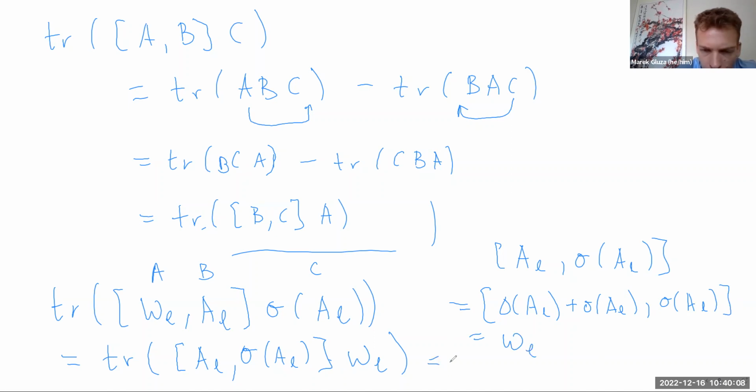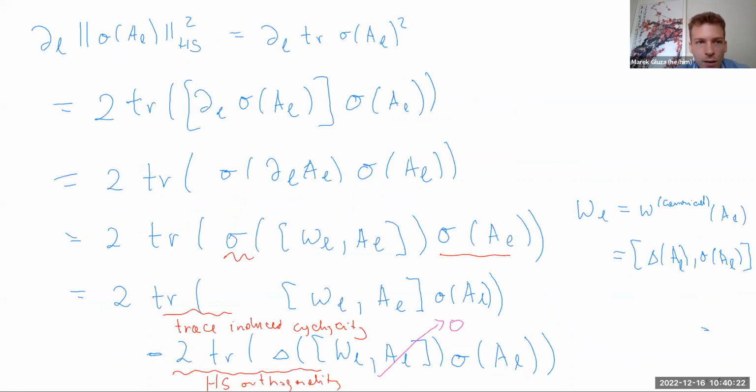So what do we get? We get trace of W L squared. Okay. So let's recap. I wanted to consider the change of the magnitude of the off-diagonal restriction of the flowed observable A. And to do that, we take the derivative of the trace of the observable squared, okay?